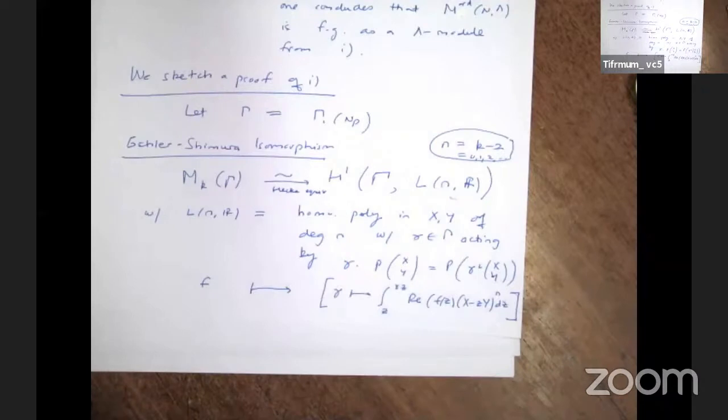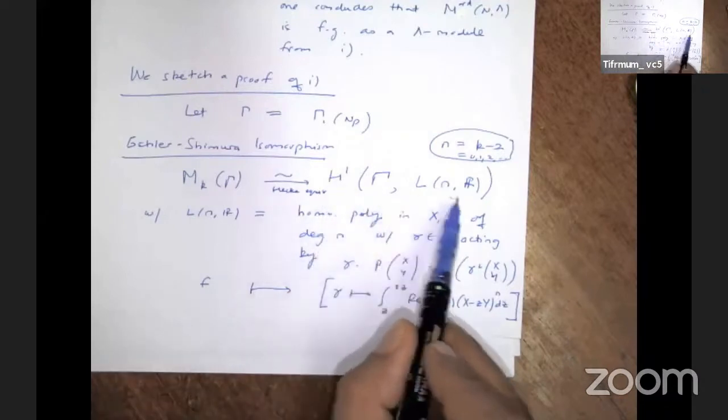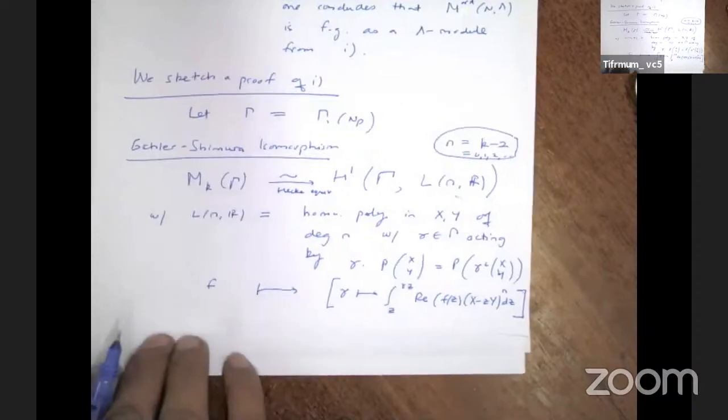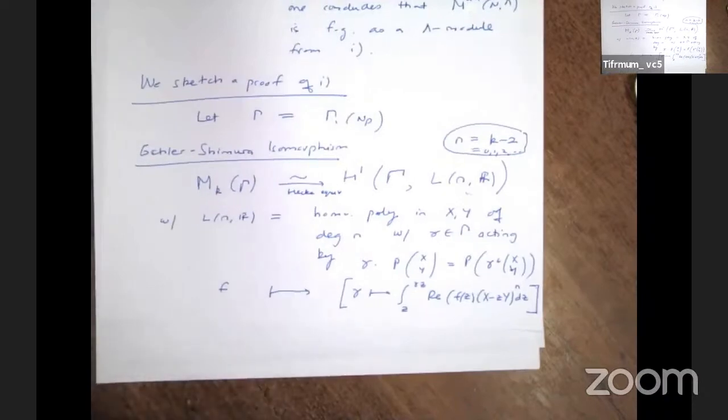So if you look at the group cohomology H1 of gamma with coefficients in Ln(Z), or more formally the image of that in the real vector space, because there may be some torsion that dies, then that lattice inside the real vector space is preserved by the Hecke operators, and it's a Z structure. So by definition, all the Hecke operators have integer matrix entries, and therefore you've proved this in one line using the Eichler-Shimura isomorphism. This is the power of the Eichler-Shimura isomorphism. And therefore, all the Hecke eigenvalues are algebraic integers.